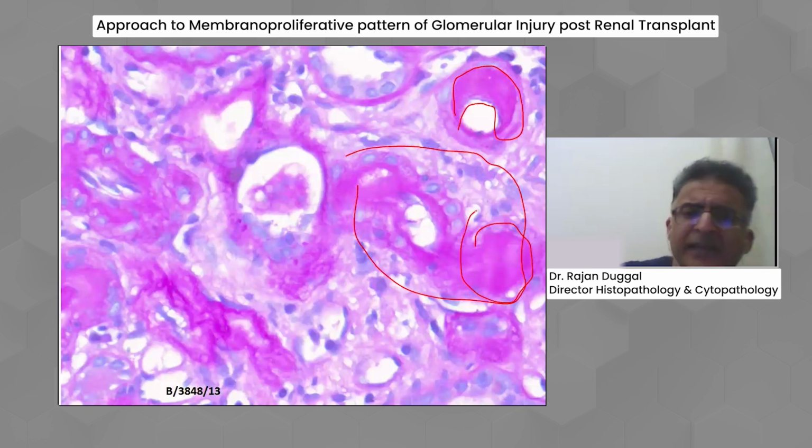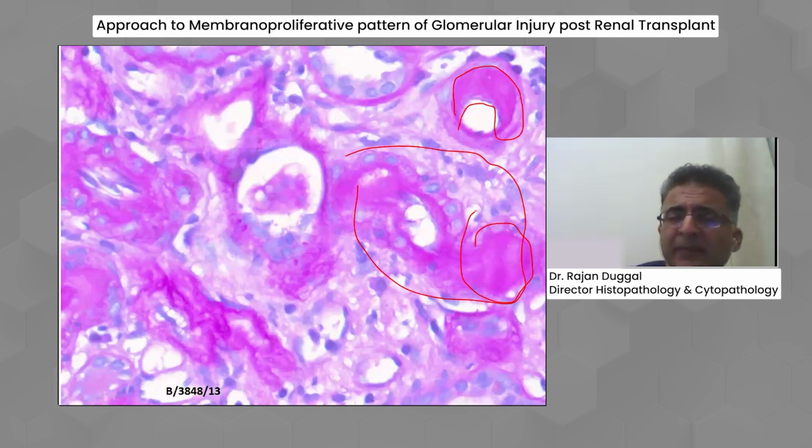Smooth muscle hyalinosis is not a very specific morphological finding, which you see in chronic CNI toxicity. Many times, if you find smooth muscle hyalinosis and there is ATN, we raise a possibility that this could be due to CNI toxicity. But always remember that smooth muscle hyalinosis can be seen in any long-standing hypertension also.